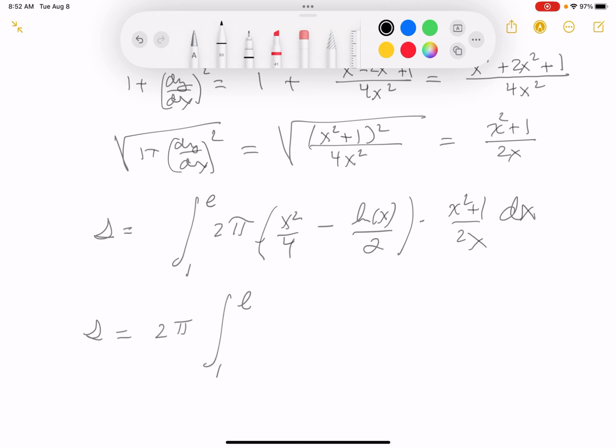I'm going to put a common denominator down too. So this is going to be x squared minus 2 ln x over 4 times x squared plus 1 over 2x dx.